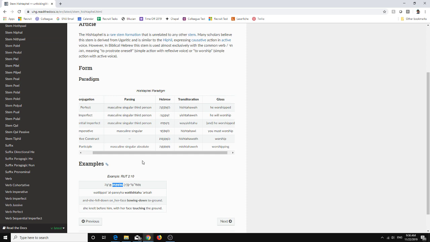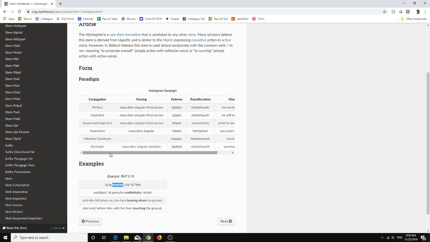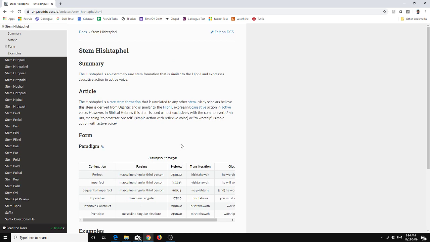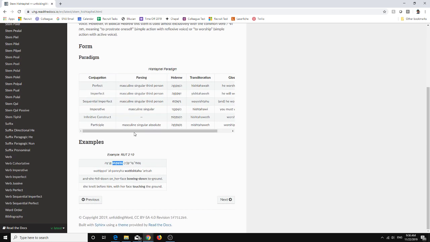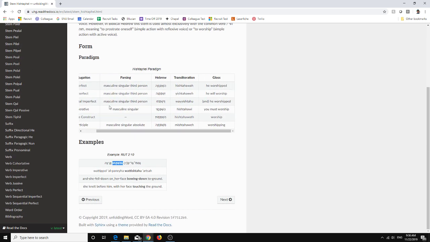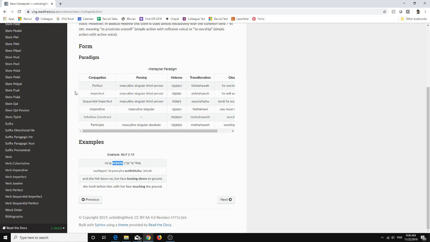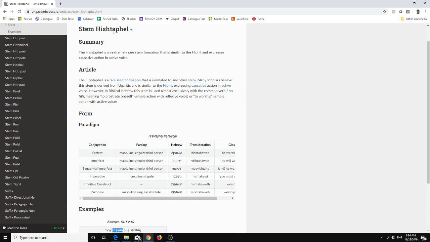So she prostrated herself like that. I'm not quite sure, but the way that this website has it laid out, it makes it seem like these might be the only instances. It is pretty rare. I'm not sure if it's this rare that it's only 6 times, but yeah, and this is called the hishtafel.